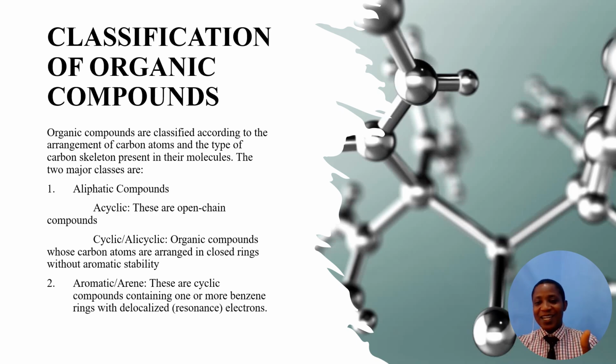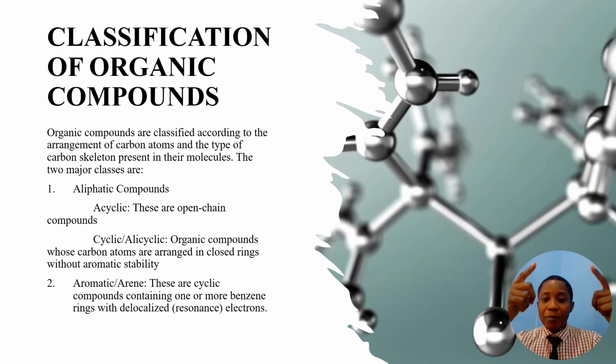When we get to that, we'll discuss more on it. But currently, the aliphatic compounds are classified into two. We have the open chain, also called acyclic organic compounds, and we have the other one, which is called cyclic or alicyclic organic compounds. These are ring shaped in nature.